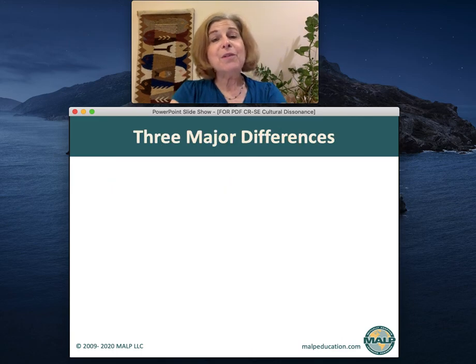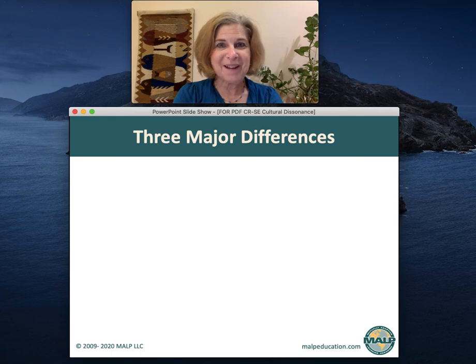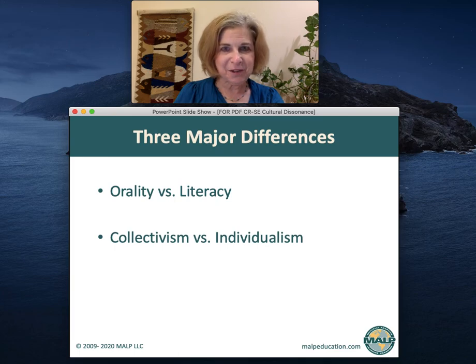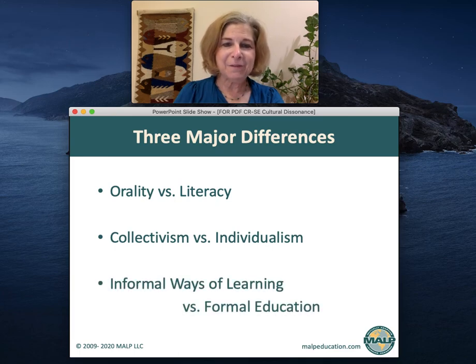So do you remember the three major differences that we talked about? Here they are. Orality versus literacy, collectivism versus individualism, informal ways of learning versus formal education. Those are the three differences.